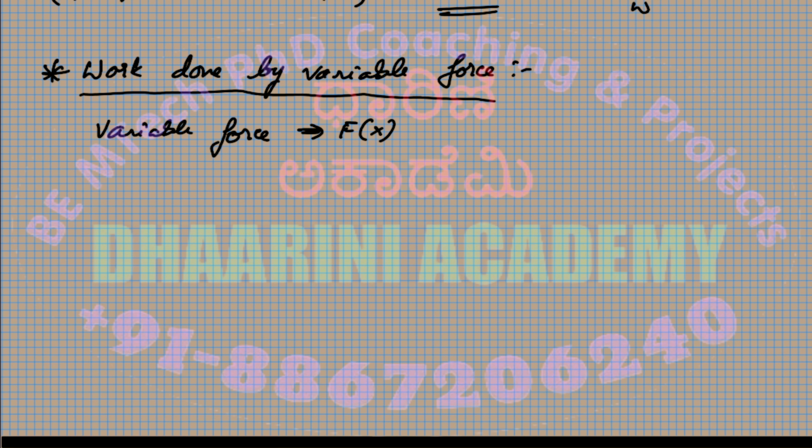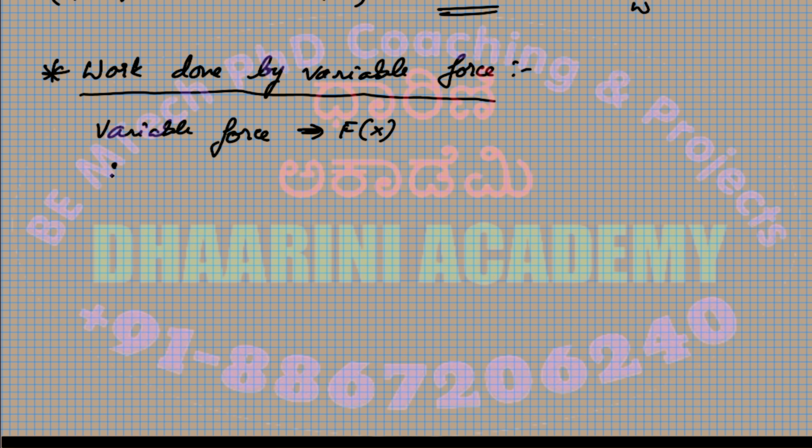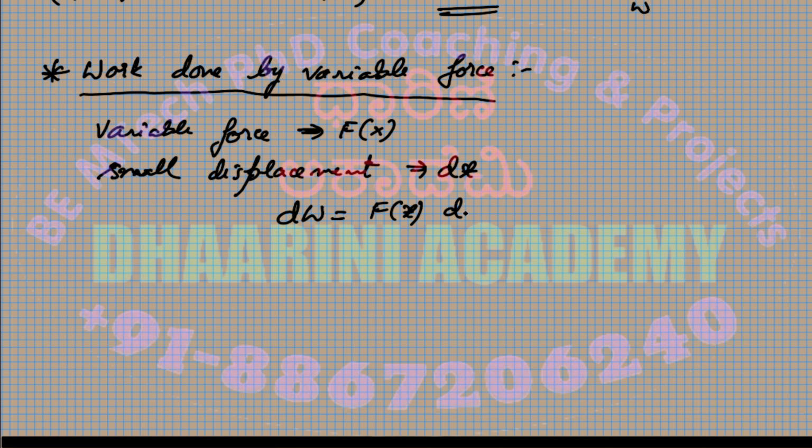And because of this change in the magnitude of the force, every time the magnitude changes, the small amount of displacement is dx, right? Then the small amount of work done by this is given by f of x into dx, right? Force into the displacement. This is a small amount of work.